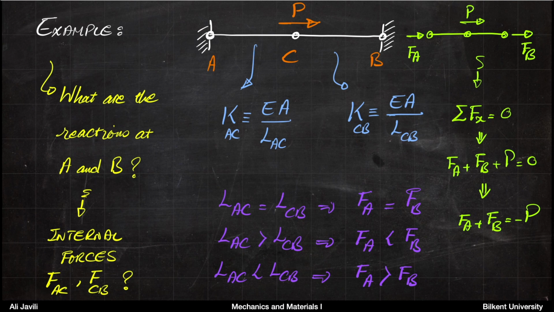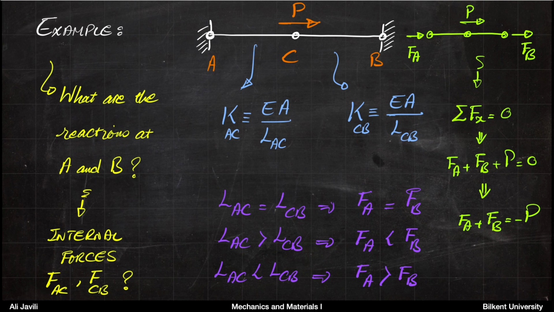So in the extreme where LAC is much, much larger than LCB, you can actually feel that FB should be much, much larger than FA, and then eventually if LCB goes to 0, FB would go to force P.